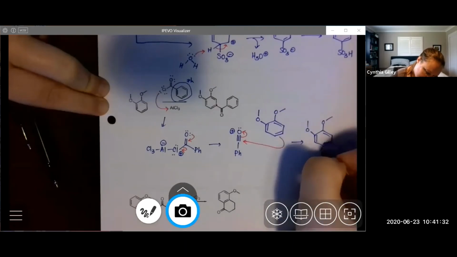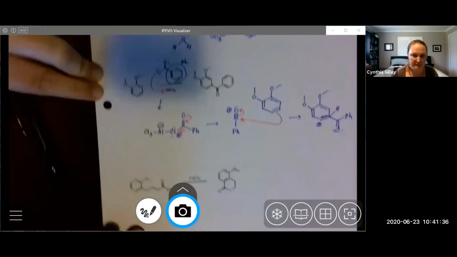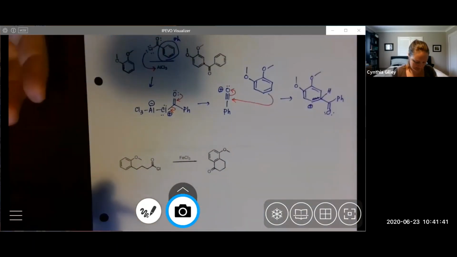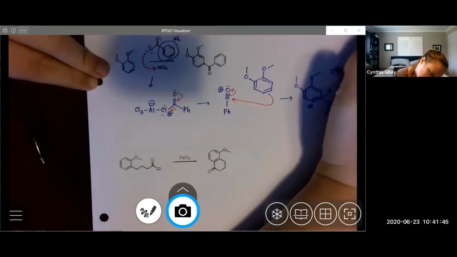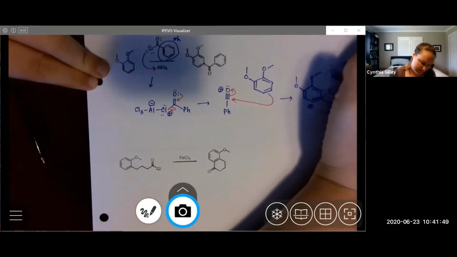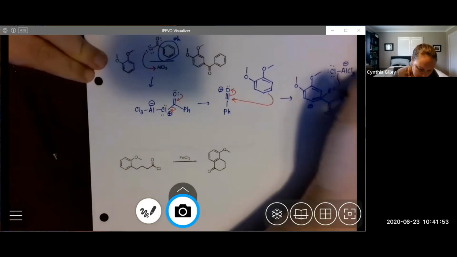Instead, there's a positive charge here, and a hydrogen, which we need to deprotonate. So in this case, our Lewis acid is the base, forming chloride.